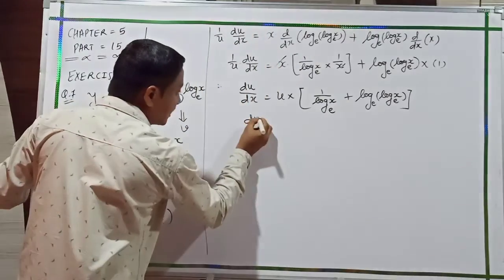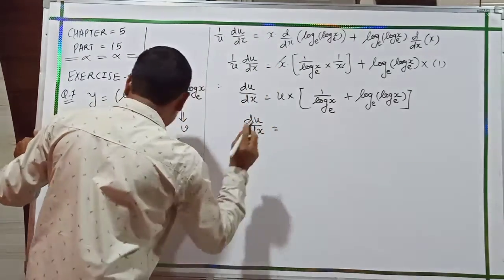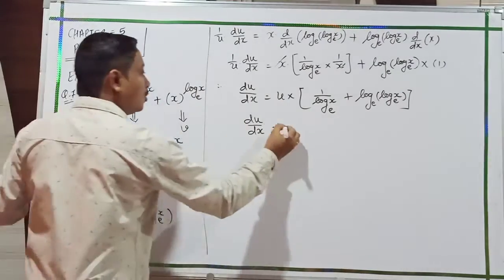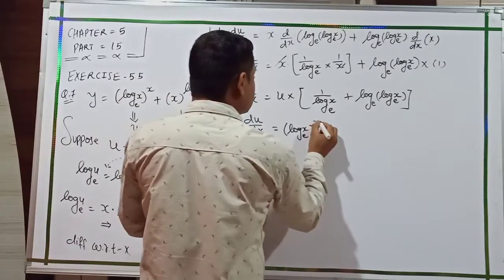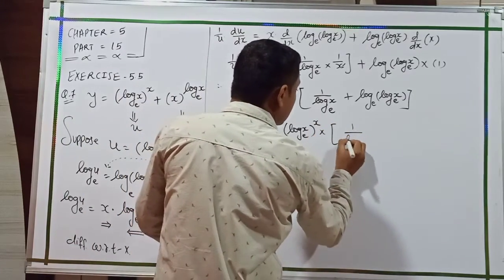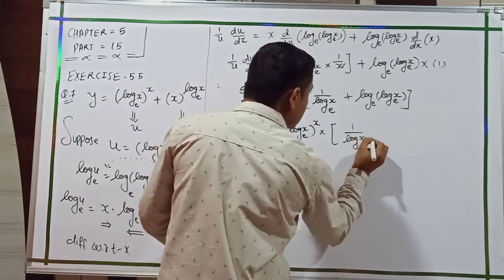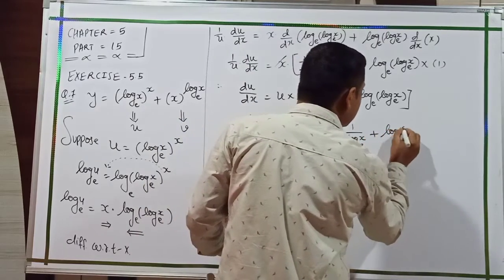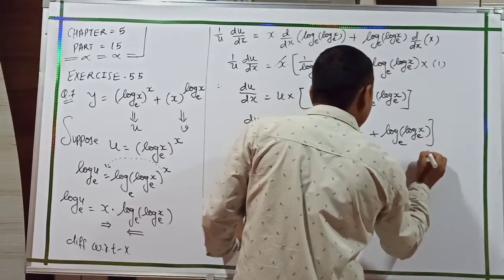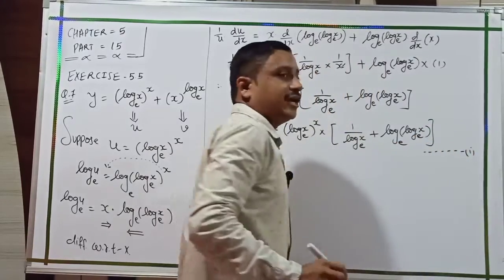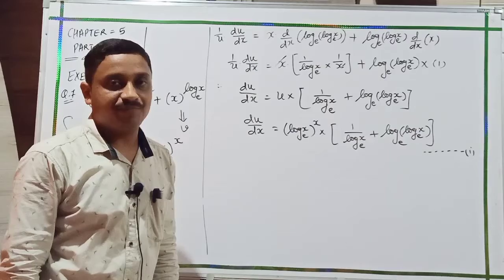So du by dx equals (log x)^x as it is, and the remaining is 1 by log x base e plus log with the log x base e as it is. And here you highlight it, students: it is statement number 1.